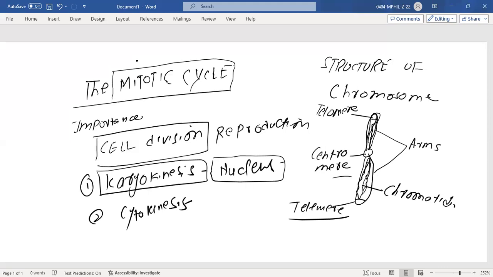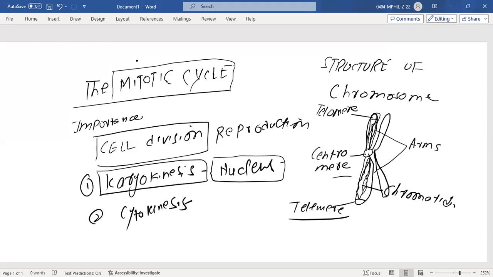But in case of mitosis, or any mitotic cycle, we will observe a division of this chromosome, and it will be converted into a pair of chromosomes like this. You would find it like this after division.